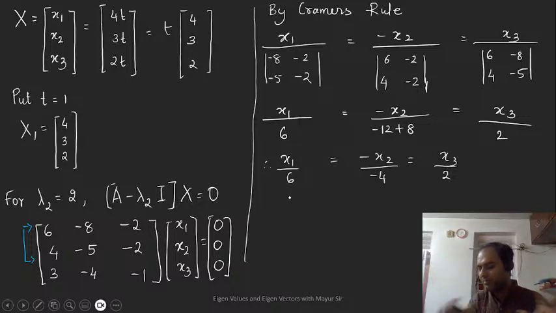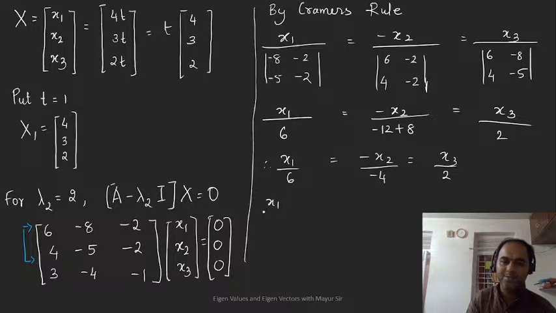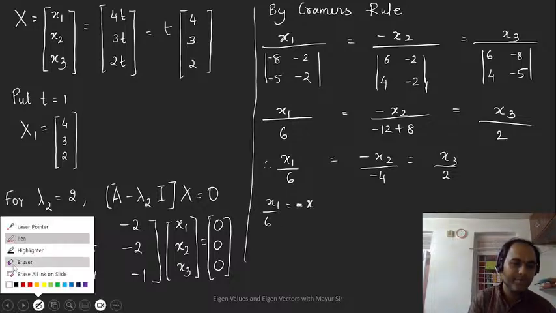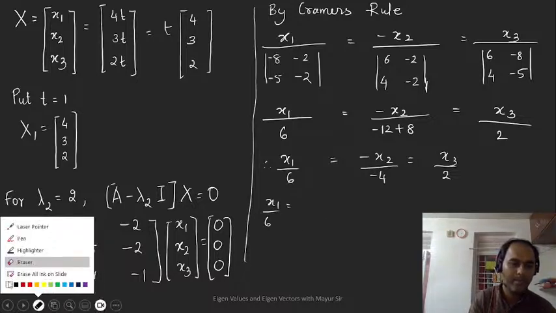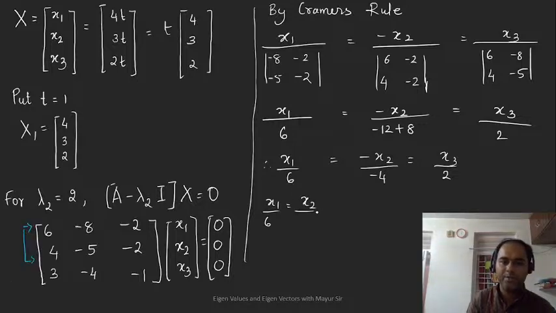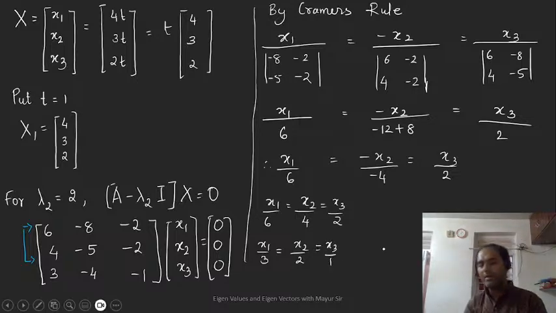Every time reduce the common factor. Make it positive then: x1 over 3, x2 over 2, and x3 over 1. Okay, you put t then and you will get your answer.